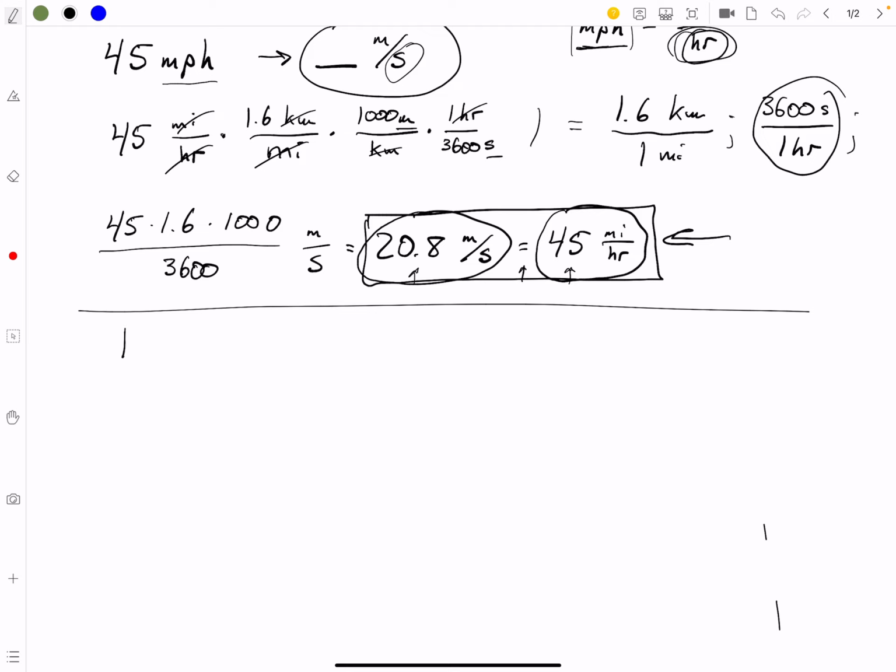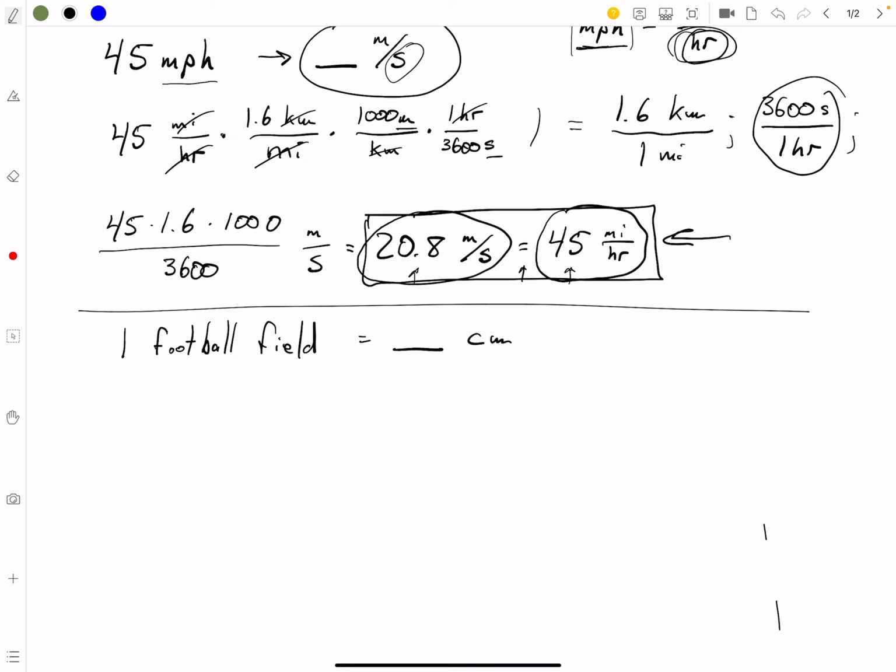We've got 1 football field. We want to know how many centimeters that is. So it equals blank centimeters.